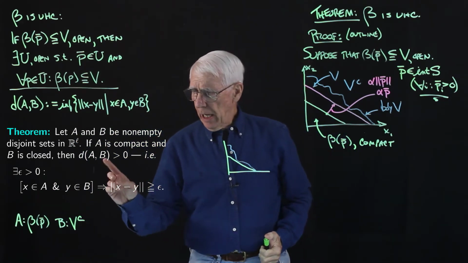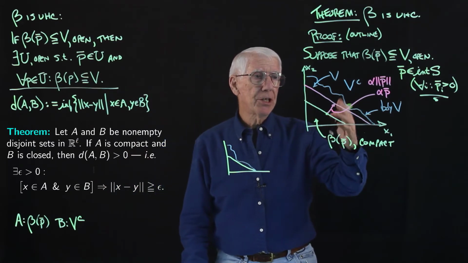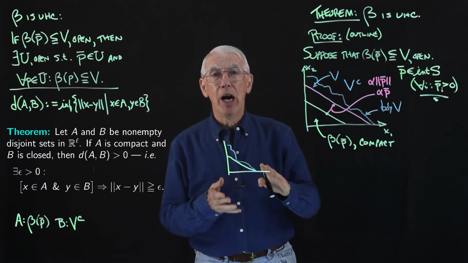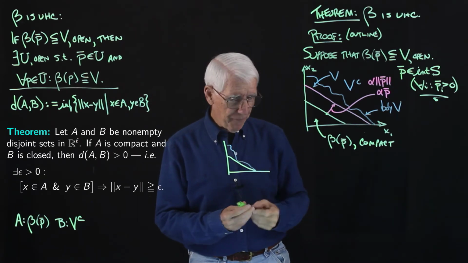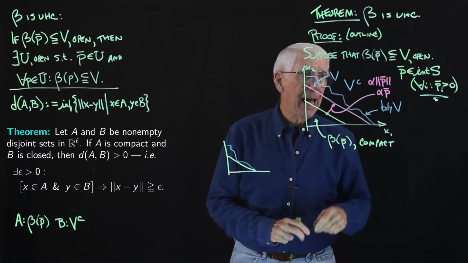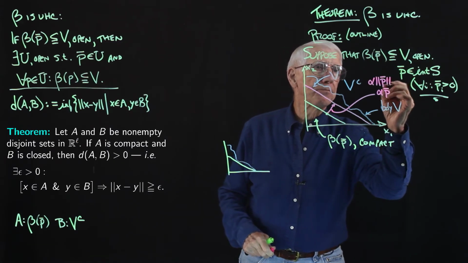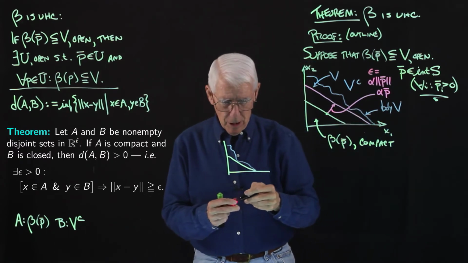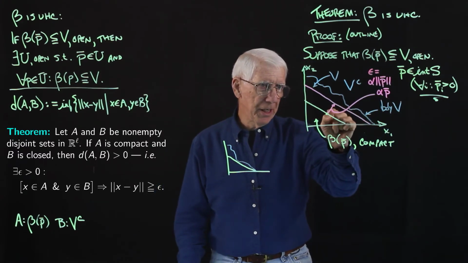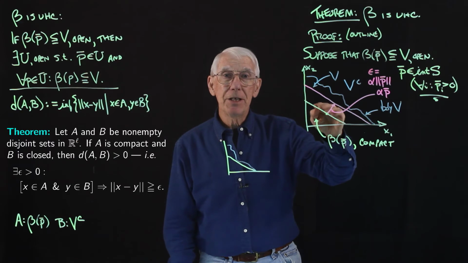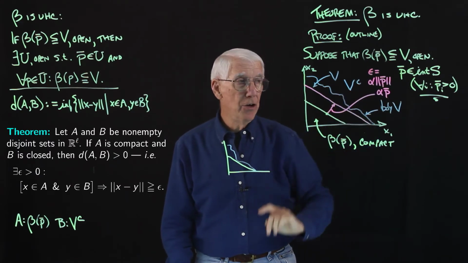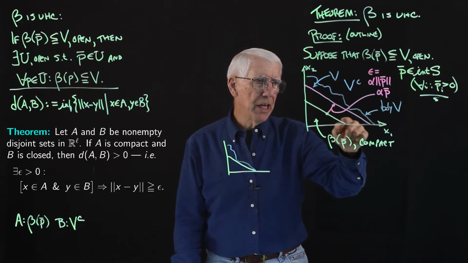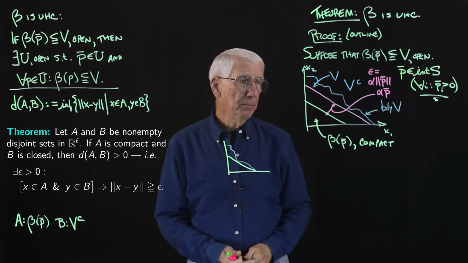And so the theorem tells us that those sets are separated, if you like, by a distance epsilon that is positive. And so in fact, we will even say that epsilon then will be this distance here. That's the Euclidean distance that they're separated, so I'm using the Euclidean norm here. So that's the distance between these two sets anywhere along here.